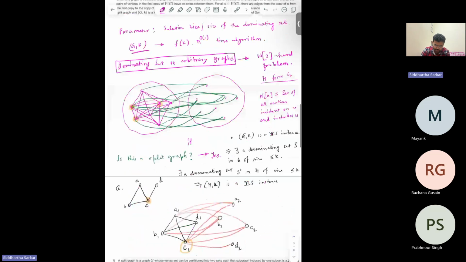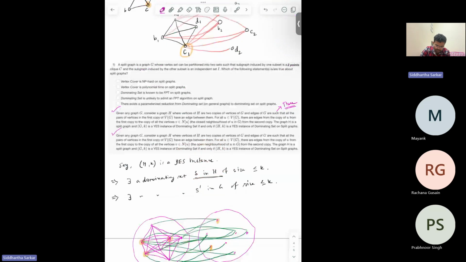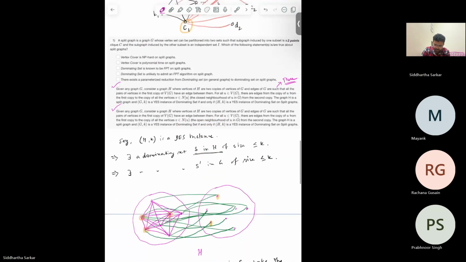So I'll first let you spot the difference between these two statements and then we can talk. So the difference is only here.